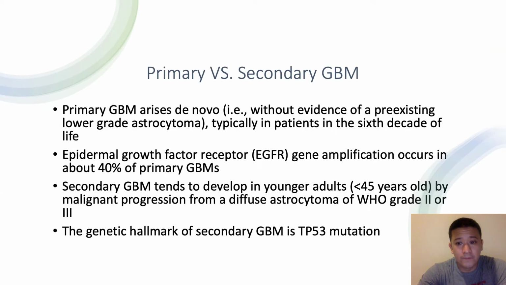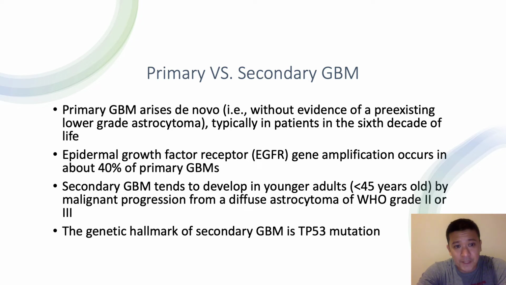Now, on to the difference between primary versus secondary GBM. It's quite simple. Primary GBMs arise de novo without evidence of a pre-existing low-grade astrocytoma, typically in patients in the 6th decade of life. Epidermal growth factor receptor gene amplification occurs in about 40% of primary GBMs.